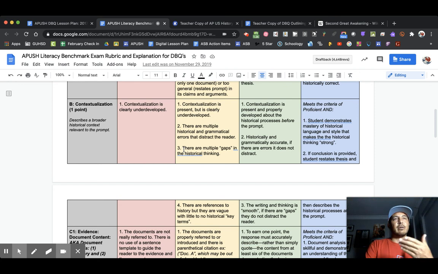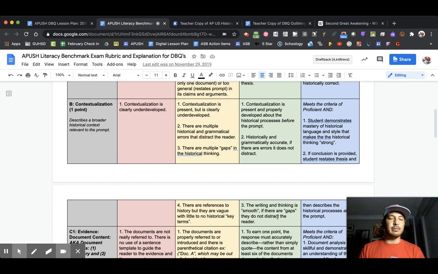There was no time in which you talked about the taxes and the political rights that were being taken away from the colonists that resulted in the American Revolution. So suddenly we went from the French and Indian War to the American Revolution, and we missed the conversation about taxes and political pressure that the British Crown was putting on the colonies. That would be a gap.